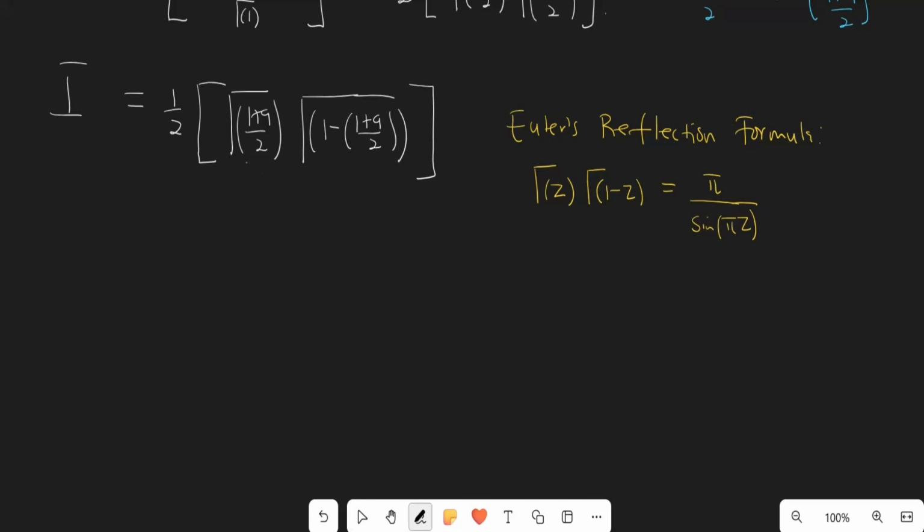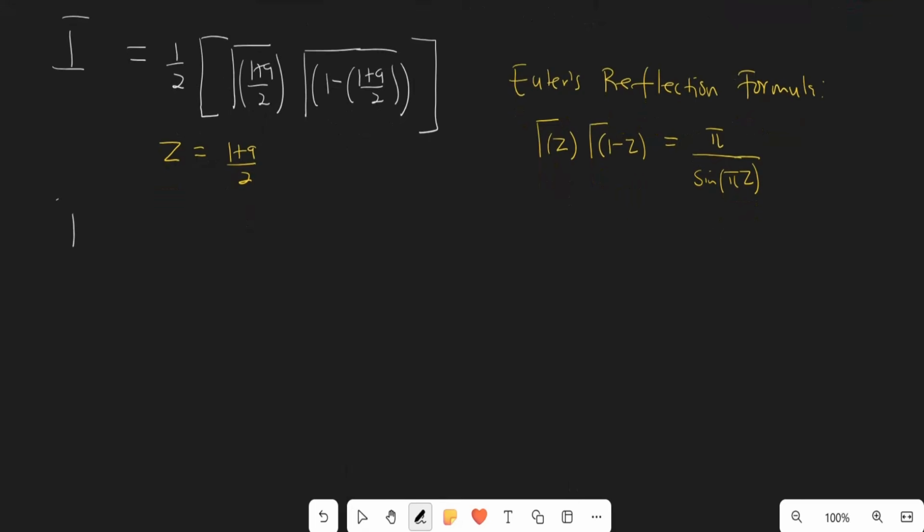Because the gamma of the other one is 1 minus this one, we can use Euler's reflection formula to solve it. So what is z in this case? Z in our case is 1 plus a all over 2. So I is equal to 1/2, and we are going to have pi all over sine of pi times z, where z is 1 plus a over 2.